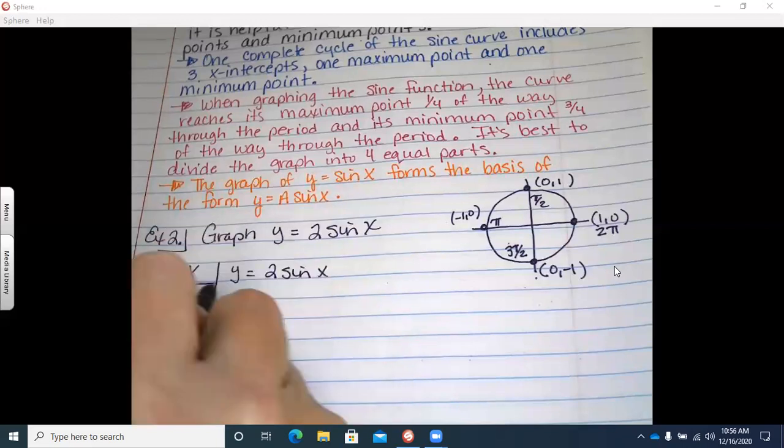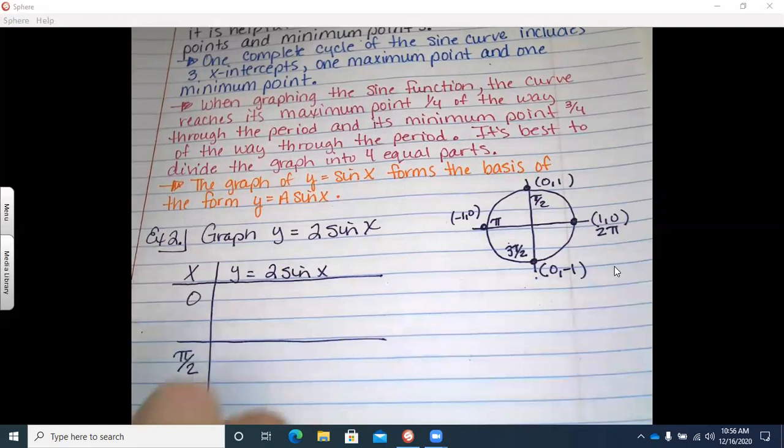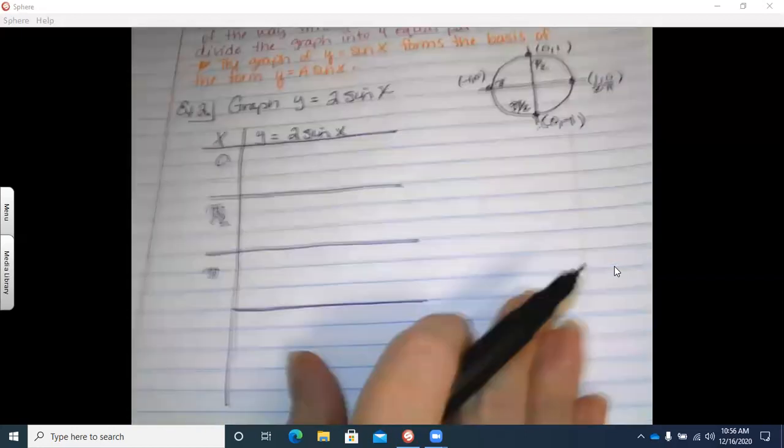Today they'll be pretty simple. And we're going to substitute in values for x: at 0 radians, at pi halves radians, at pi radians, at 3/2 pi radians, and at 2 pi.